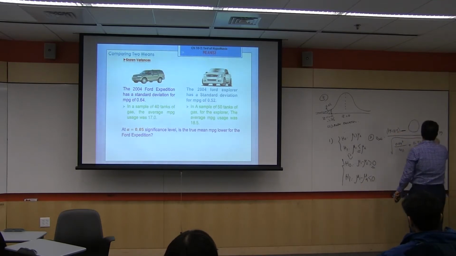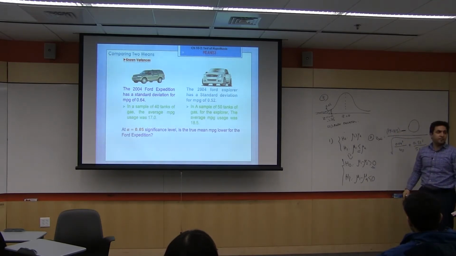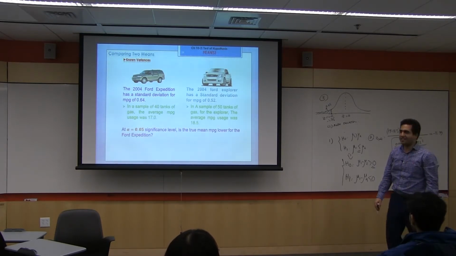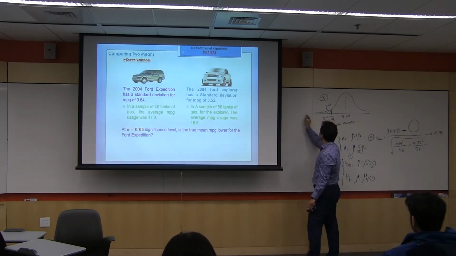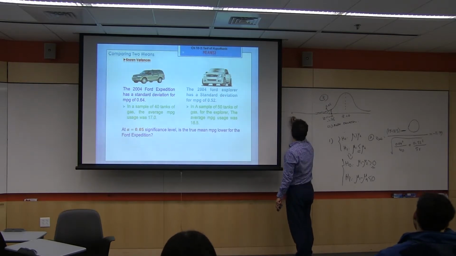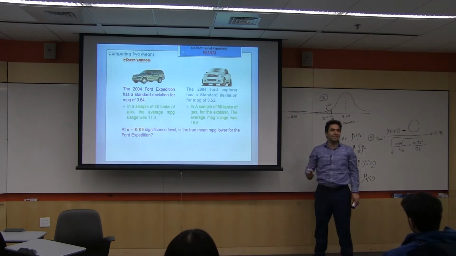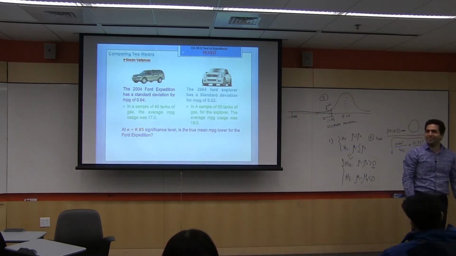My z is what? Negative 11.99. It's somewhere on the other side of the board, is that right? This is negative 1.9 something. 11 is somewhere here. Negative 11.99. All the way at the end of the rejection region.